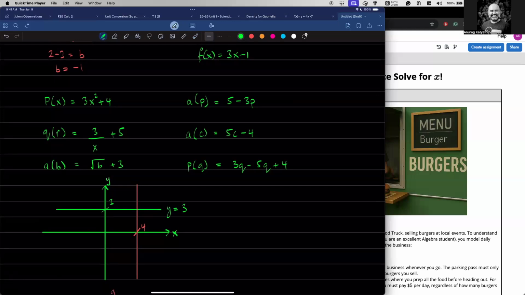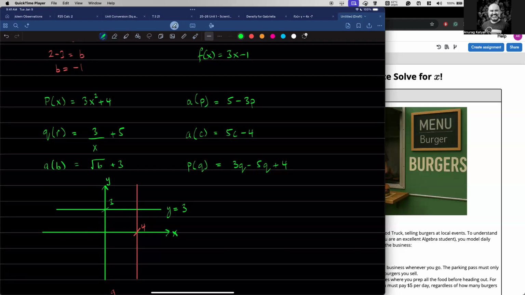It's a horizontal line. What is the slope of all horizontal lines? Okay, someone say words. I didn't mean stop saying completely. 0. The slope of all horizontal lines is 0.